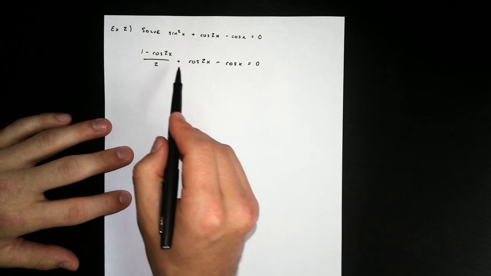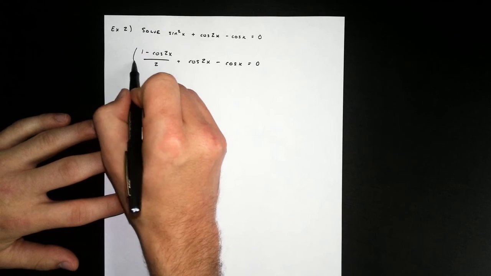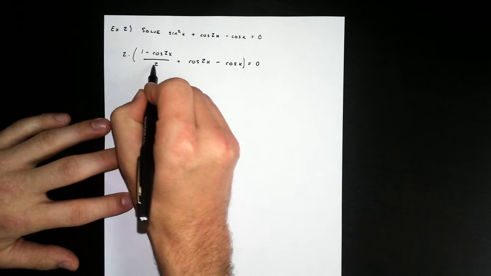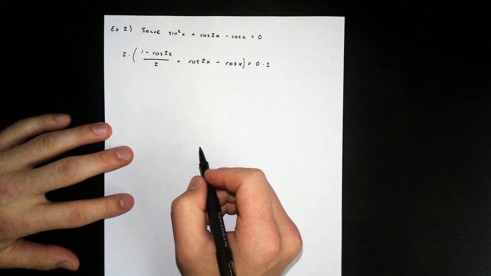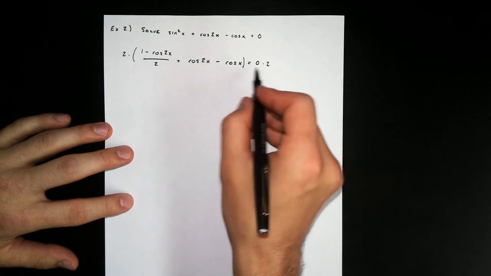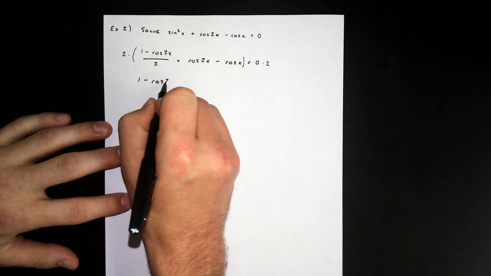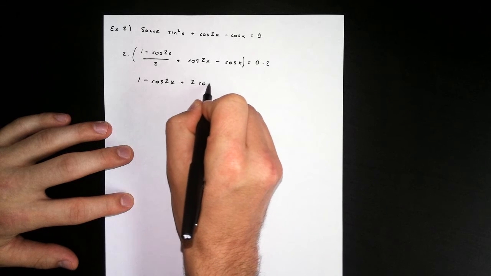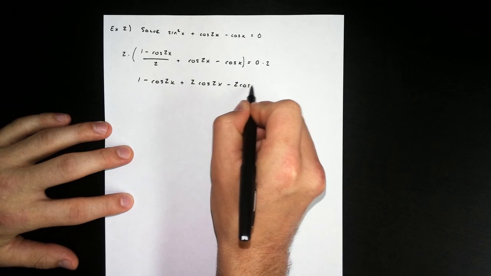To make this the easiest, I'm just going to multiply everything by 2. That will take care of that denominator, and the right-hand side, multiplying by 2, is just going to stay 0. So 1 minus cosine of 2x plus 2 cosine of 2x, and then minus 2 cosine of x.